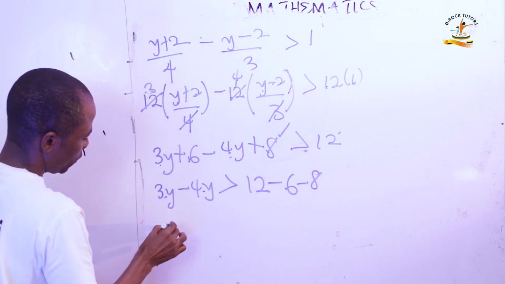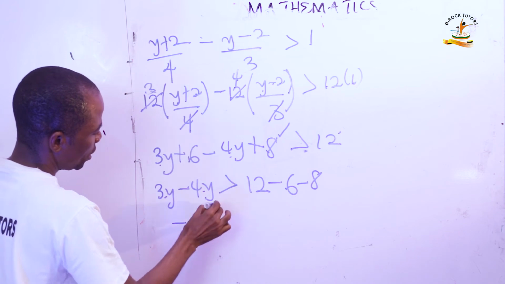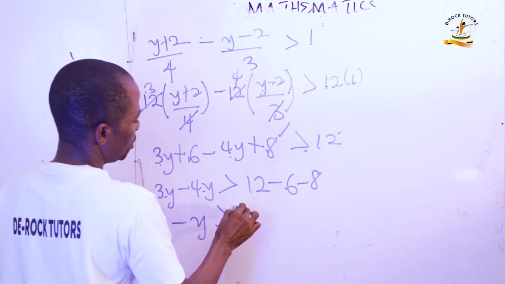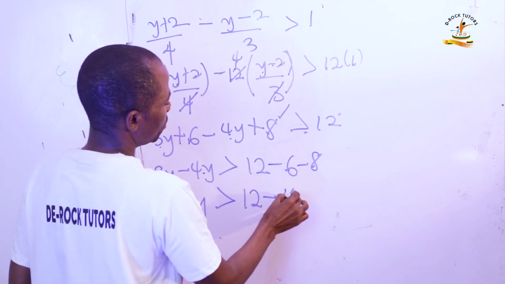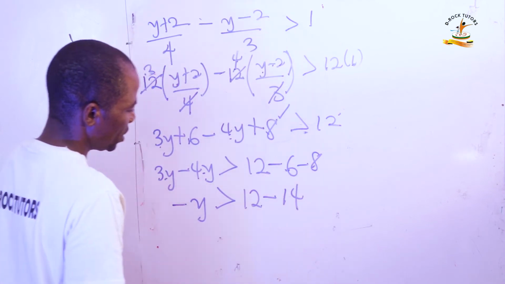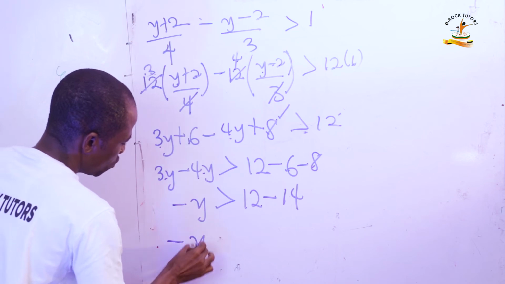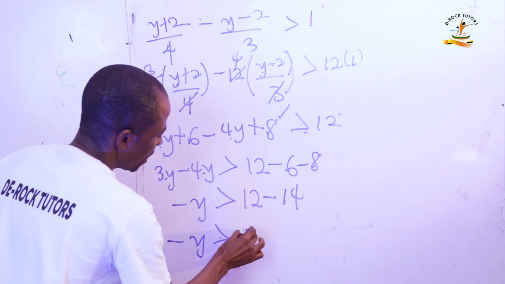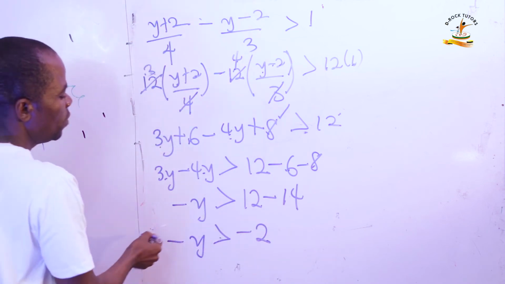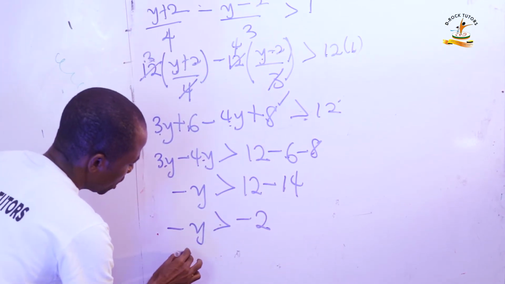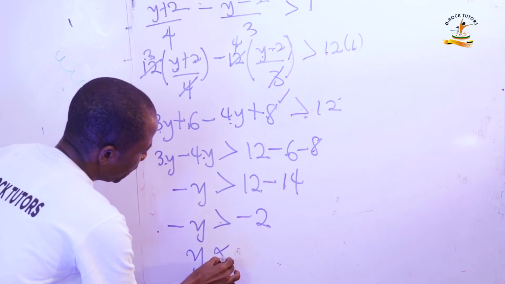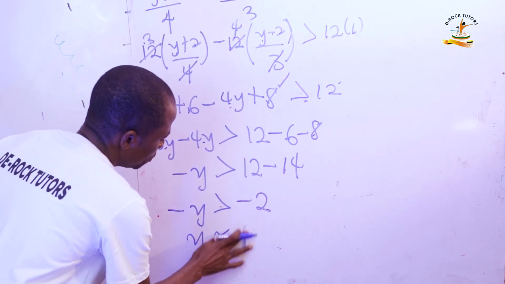Then 3y minus 4y becomes minus y greater than, this is going to give us 12 minus 6 minus 8, which will give us minus 14. Hold on, 12 minus 6 minus 8 gives us minus 2. And then we now have minus y greater than minus 2. And if you multiply both sides by minus to get rid of this minus, then we now have y less than 2.